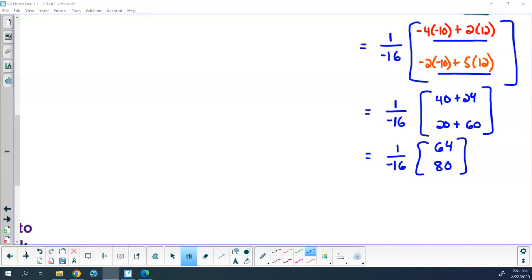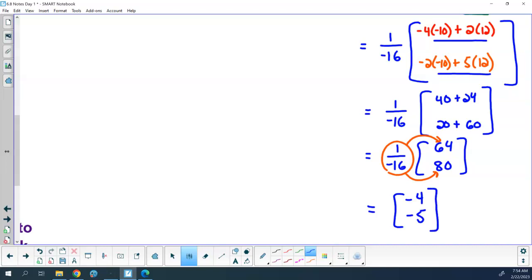Okay? Now, I've told you in the past you don't have to multiply this number in, but in terms of solving, we have to distribute this number into both parts of that. And the nice thing is it should give us a nice, easy number. Well, in this case, it does. It gives us -4 and -5.